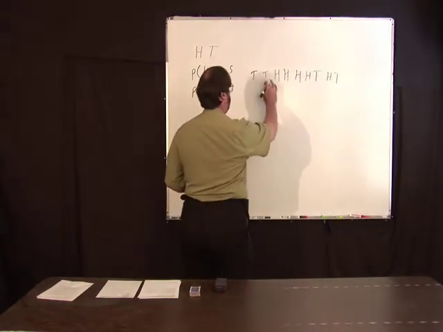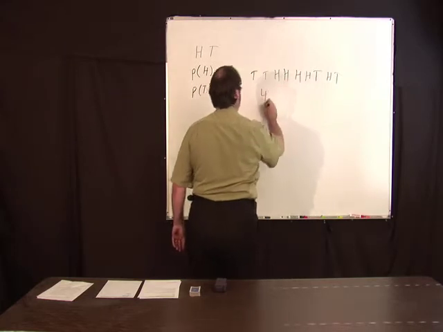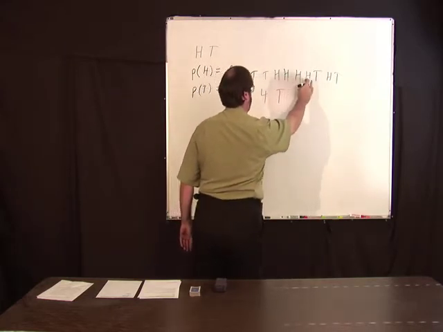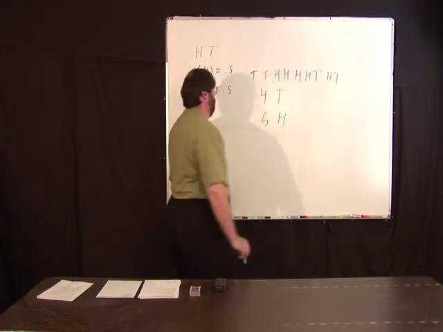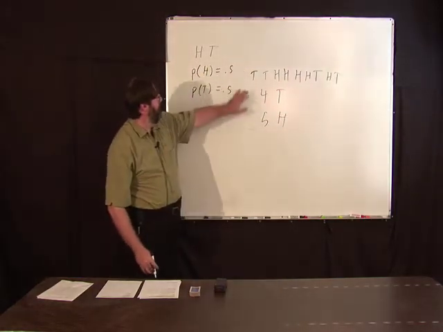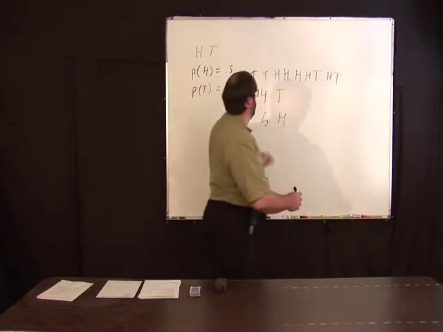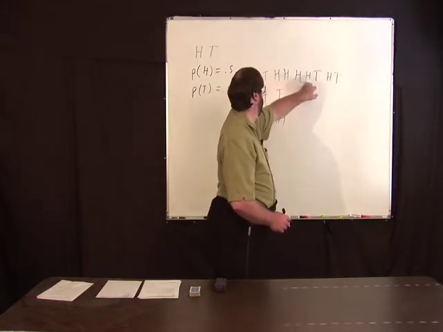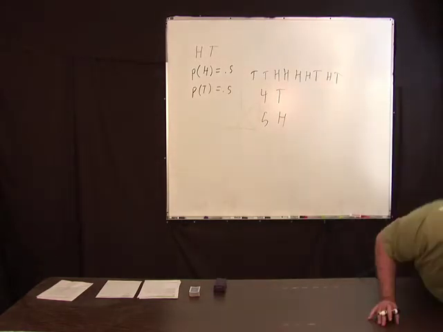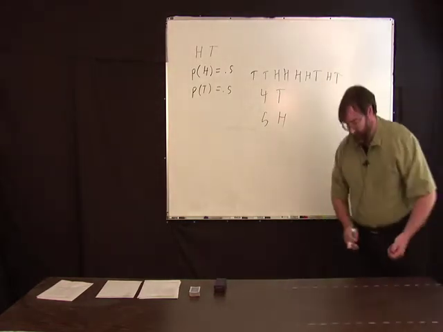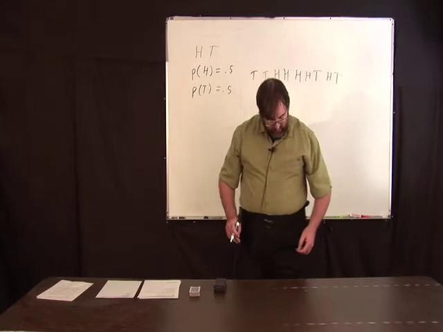So I've got 1, 2, 3, 4 tails, and 1, 2, 3, 4, 5 heads. Whoops, I only get 9 times. Did I do that right? Oh, I forgot. Let's see. 1, 2, 7, 8, 9. Oh, that's 9. Let's flip it one more time, just to see what happens here. Heads.